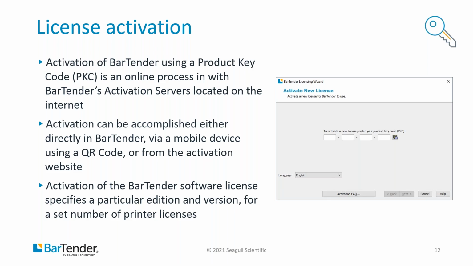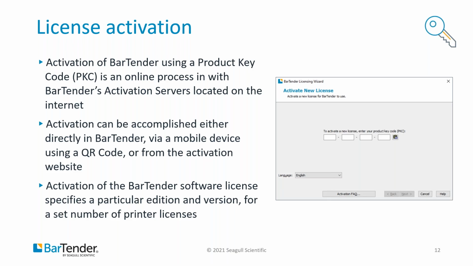The user will be presented with the dialog on screen as you see there, where they can type in the product key code. We actually have a handy paste button, so if you have the product key code in your clipboard, you can just click on that paste button to insert the characters into each of the boxes. Again, a nice convenience.